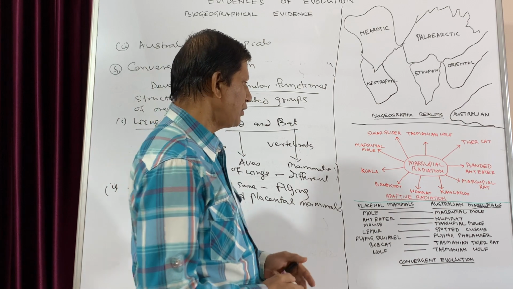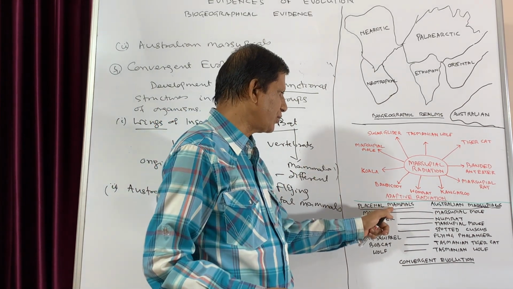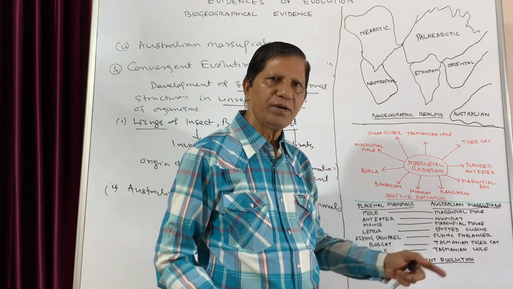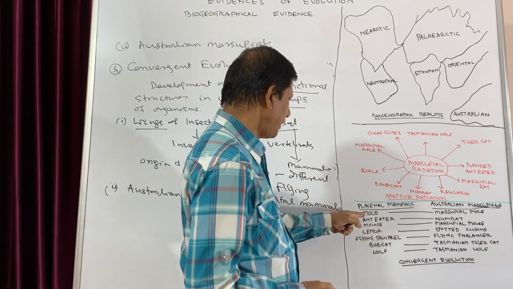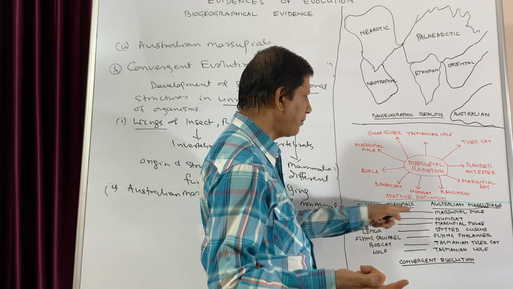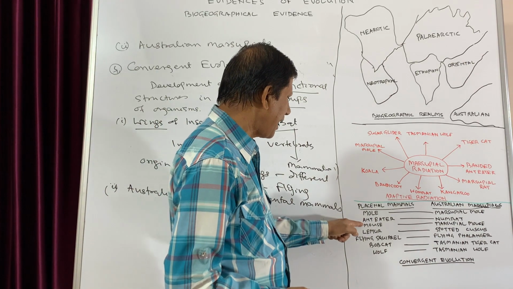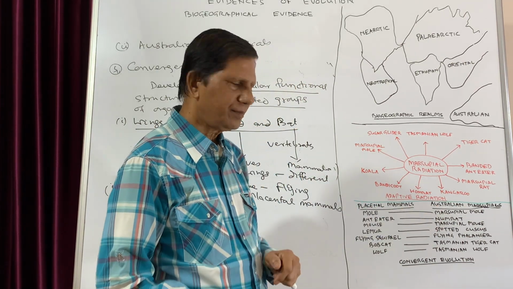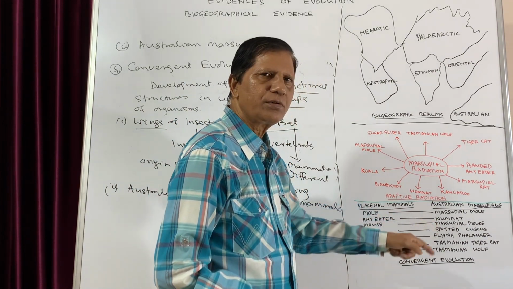But you see, though they are of two different types, the placental mammals more advanced and the marsupials more primitive, they perform similar functions. So see, the placental mammal mole is similar in function to the marsupial mole. Similarly, anteater and numbat, which is also an anteater. Then mouse and marsupial mouse have the same function.